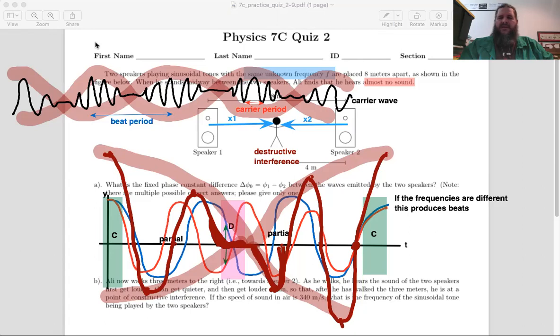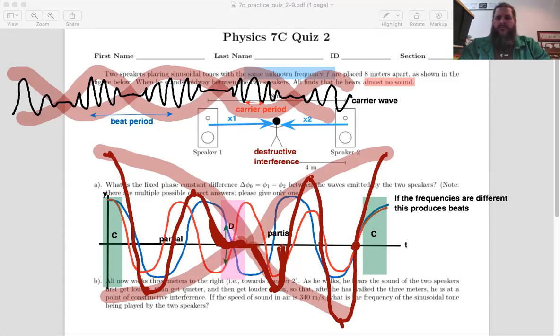Have you seen any formulas yet for calculating the beat period versus carrier period? For instance, if you knew the frequency produced by the two speakers. The beat frequency F_B is equivalent to the absolute value of F1 minus F2.